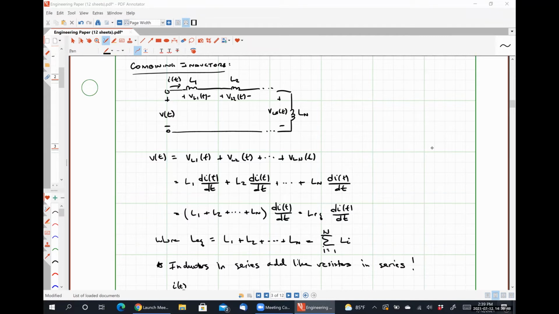Similarly, inductors in parallel combining like resistors in parallel is also going to be good enough. The derivation is there for other math dorks like me to see, but it isn't necessary for the overwhelming majority of you. Any other questions over what we've covered thus far?